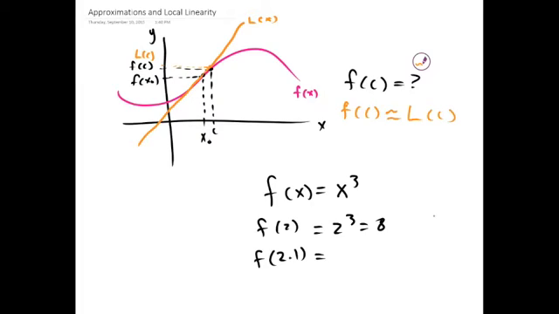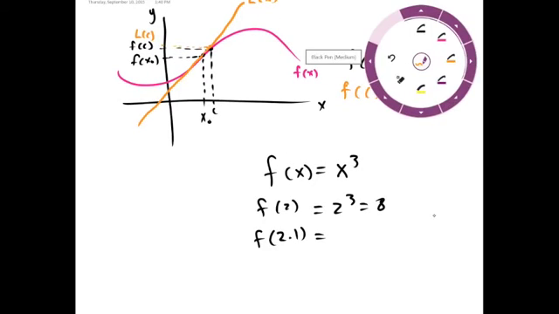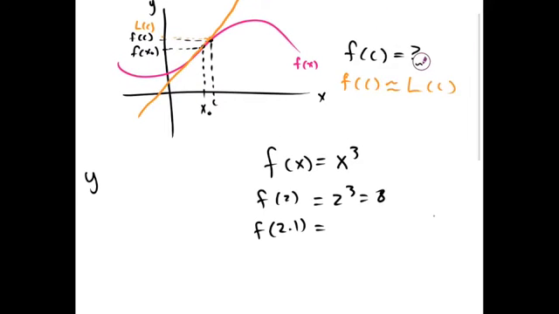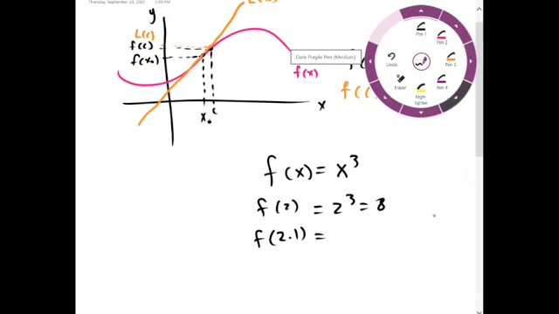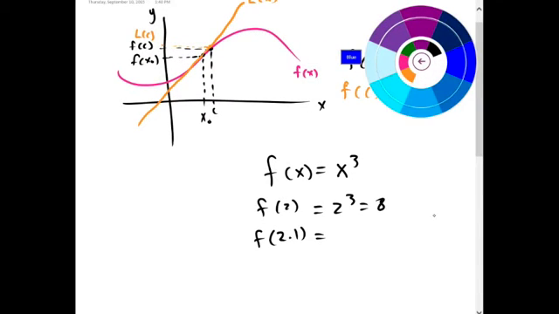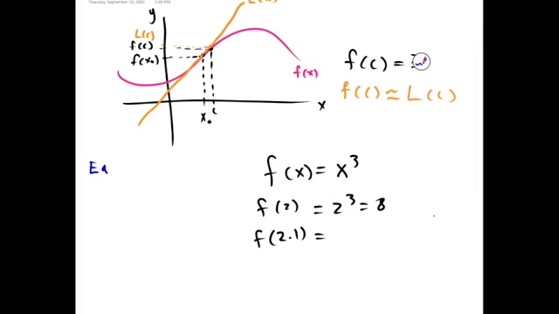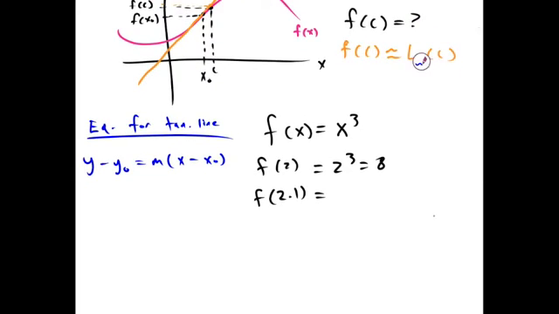The way we do this is, we know the equation for this tangent line should be y minus y0 equals m times x minus x0, where x0, y0 is a point on the line, and m is the slope of the line.